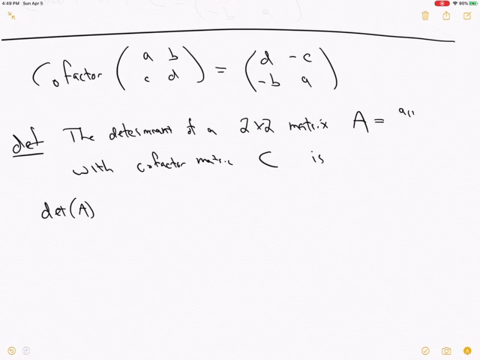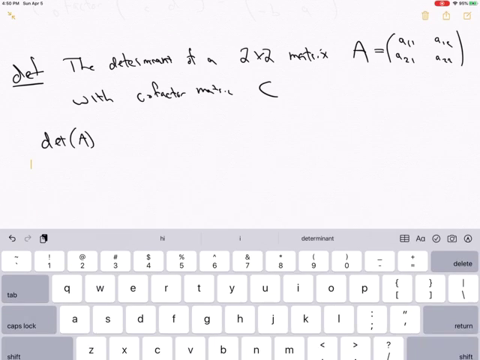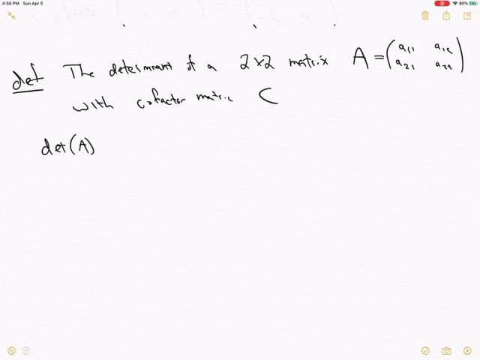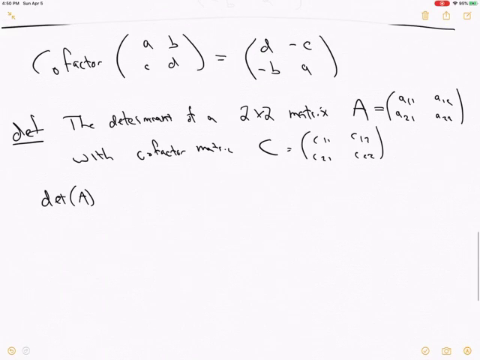I'm going to write it like this to be consistent so you get used to it. So that's what A looks like, and let's say C has entries C11, C21, C12, C22. The determinant of A will be some number, and the way this is defined is it's the number A11 C11 plus A12 C12.